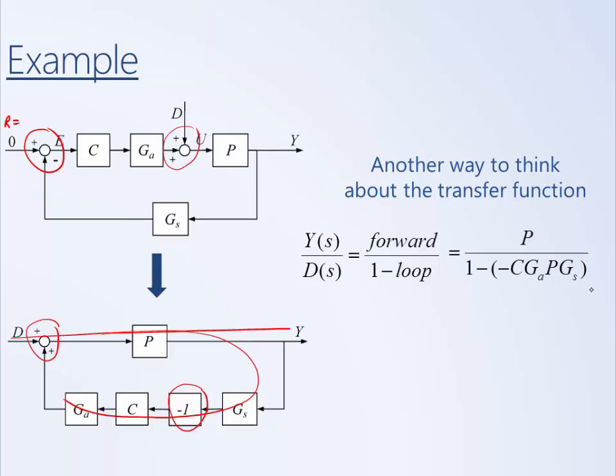And so since they're all in series, we just multiply them. When we're subtracting a negative number, that becomes positive, and this is the same thing we predicted on the previous slide, where it's still forward over 1 plus loop because it's still a negative feedback system.